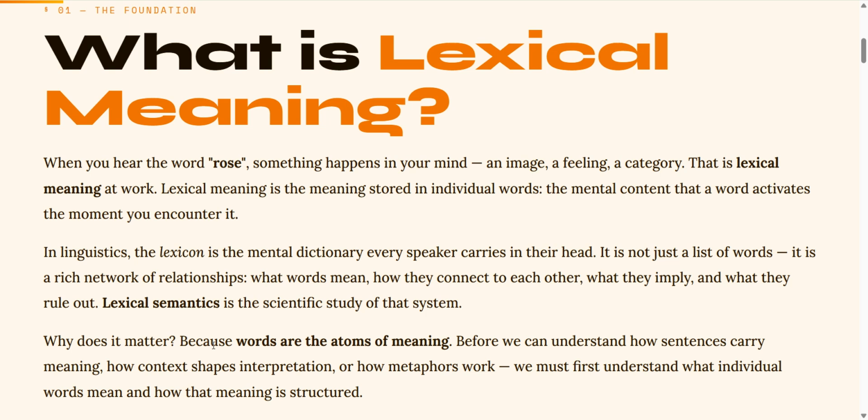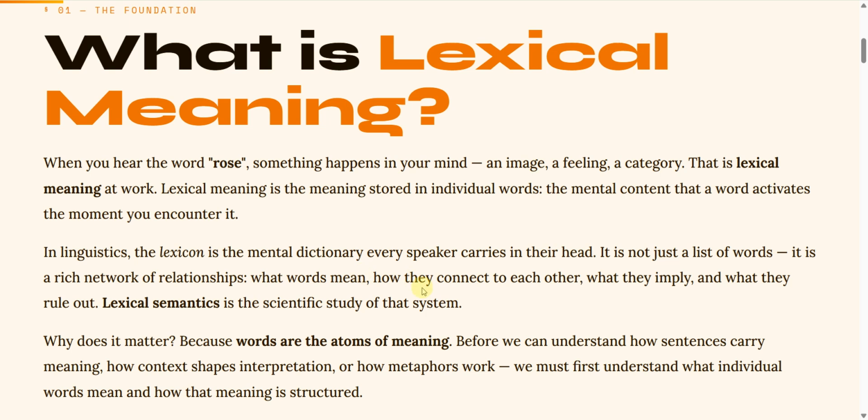So why does it matter? Because words are the atoms of meaning. Before we can understand how sentences carry meaning, how context shapes interpretation, or how metaphors work, we must understand what individual words mean and how the meaning is structured.